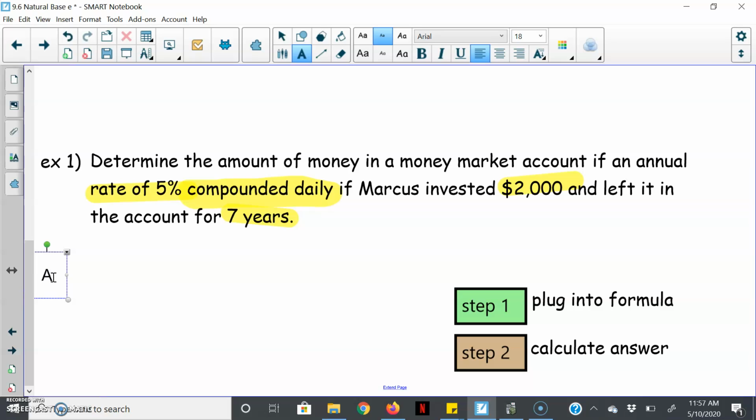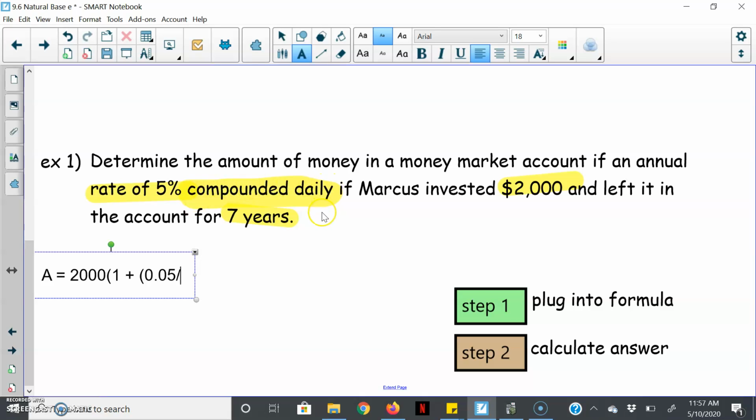I'm going to have A is equal to our initial amount, 2,000, times 1 plus our rate, which is 5%. Well, as a decimal, I'm actually going to put this in parentheses, 0.05 divided by n, the number of times per year it is compounded.